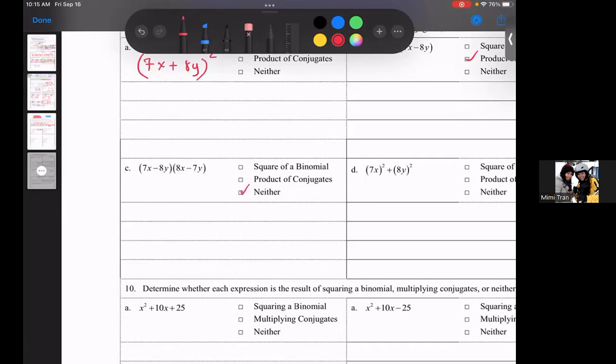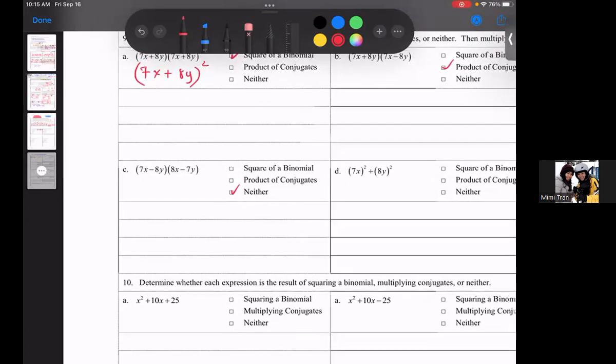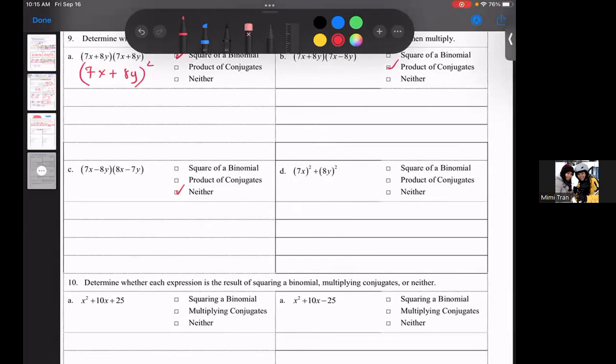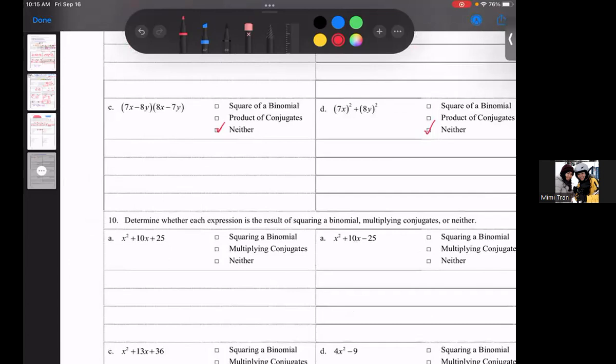They didn't ask for more, so they're not the same and not conjugate. What about D? Square binomial means 7x plus or minus something, all of that squared, but we have two separate squares. Neither, right? We haven't done anything like this yet. By the way, it's prime.